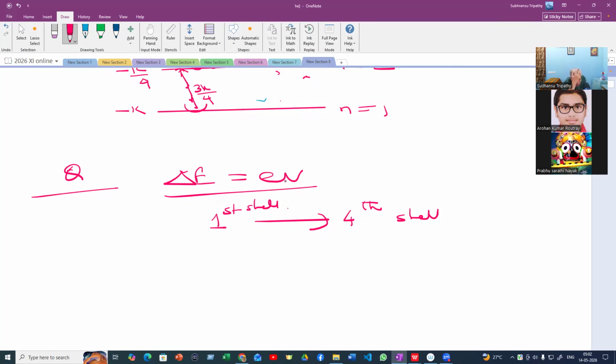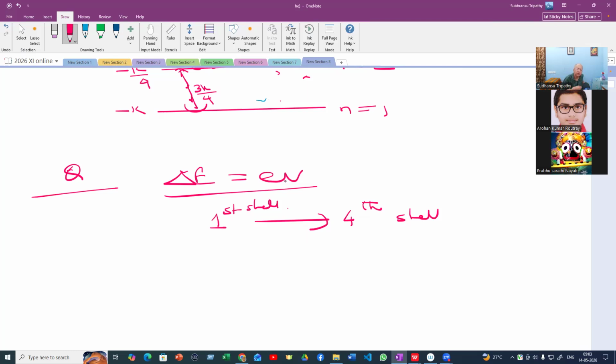If it comes from 4 to 3, that rasgulla will be cut inside the tummy, a small one, the lambda corresponding to the 4 to 3 transition energy, that amount, corresponding to that small rasgulla, and its corresponding photon will come out.